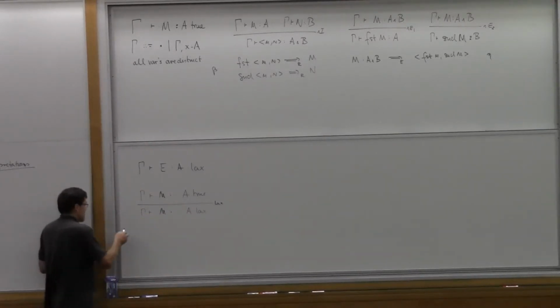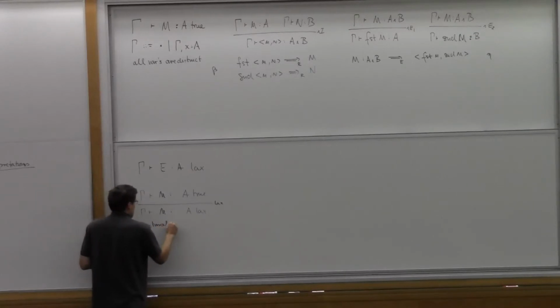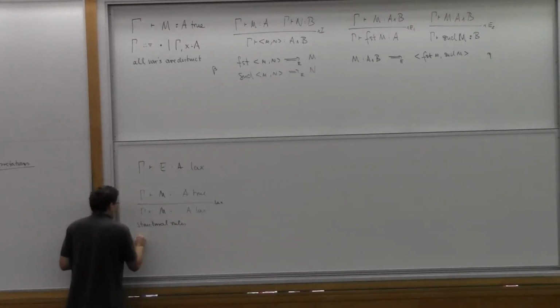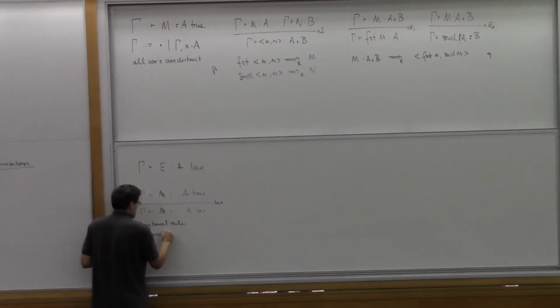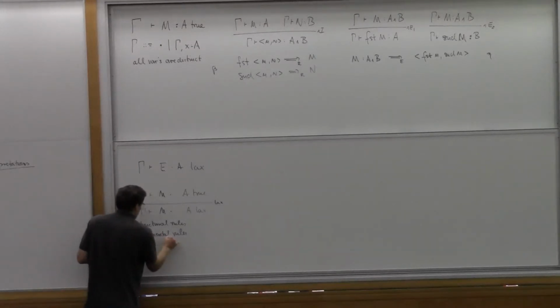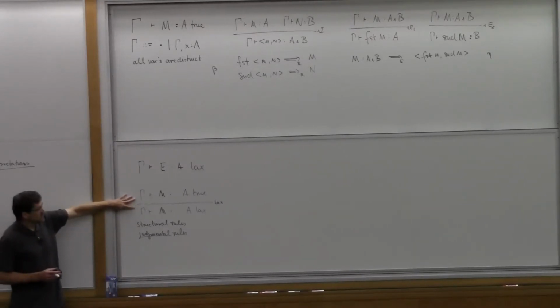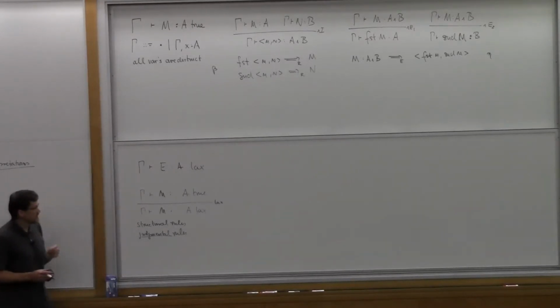And so these are sometimes called structural rules, and sometimes they're called judgmental rules, because they serve not to talk about the propositions, but how the judgments that you're working with are related to each other. That's why I prefer to call them judgmental rules, because it's hard to see what kind of property of the structure of the judgment that I'm making actually changes.